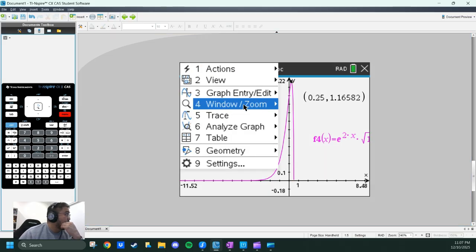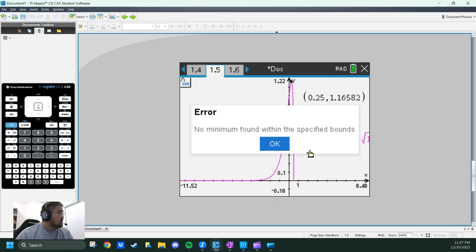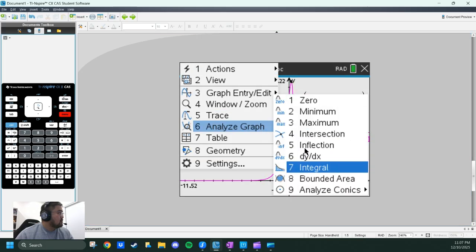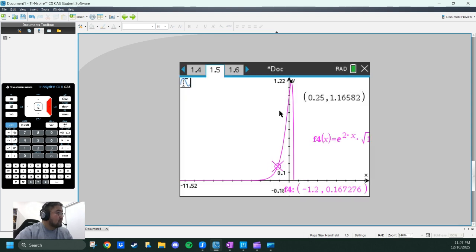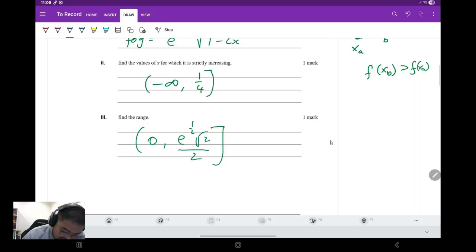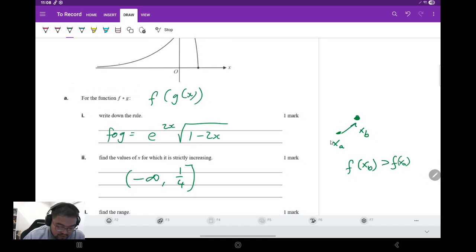Let's see. Graph. What's the minimum value there? Trace across. Okay, so we do have a 0 at that point. So let's just investigate if we substituted a half, of course.